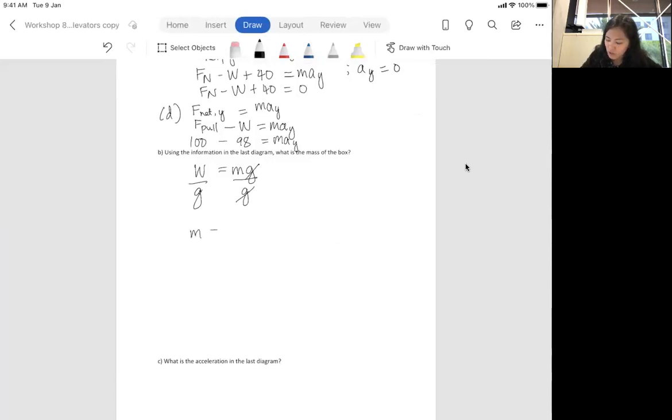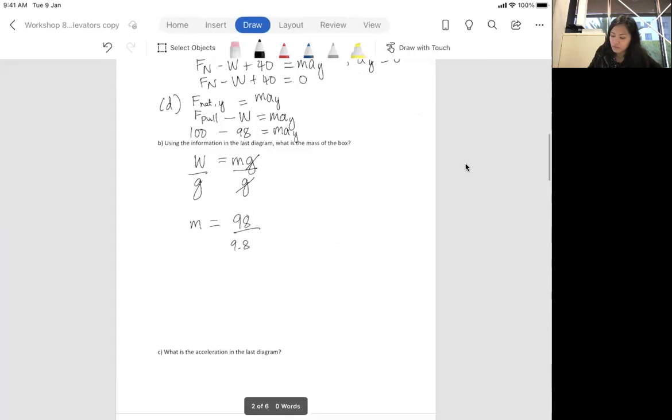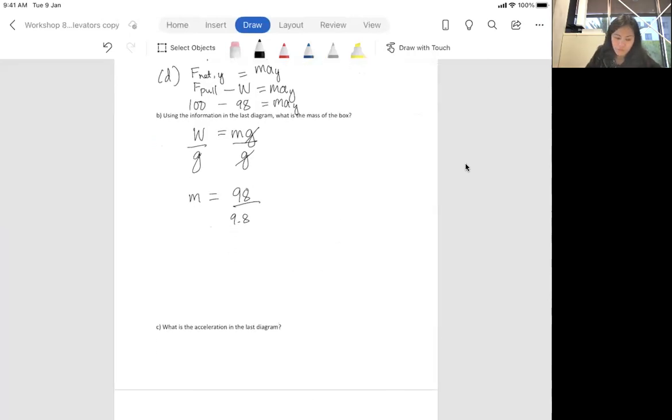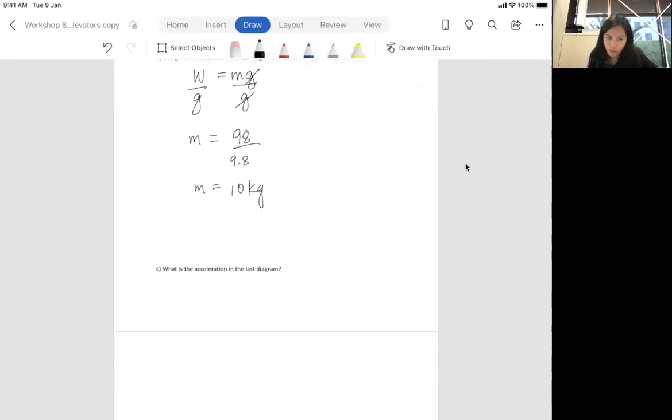So your mass will just be equal to the weight force, which is given, 98 newtons divided by 9.8 meters per second squared. So that will be a mass of 10 kgs. Right. Is that okay? Or are there any questions?